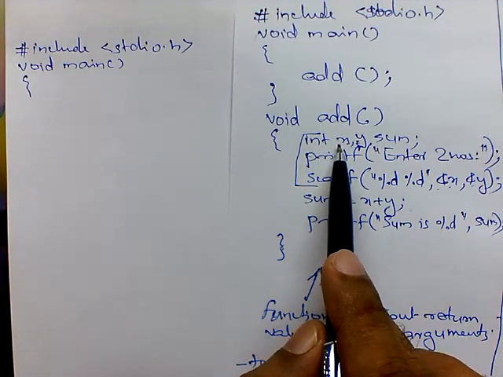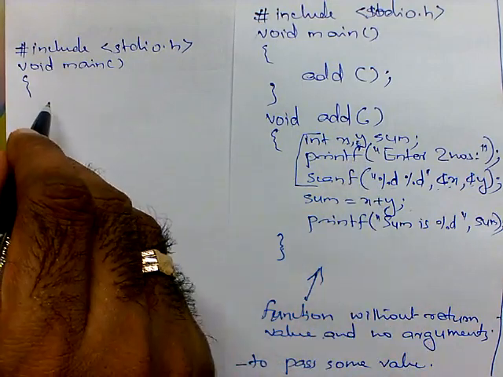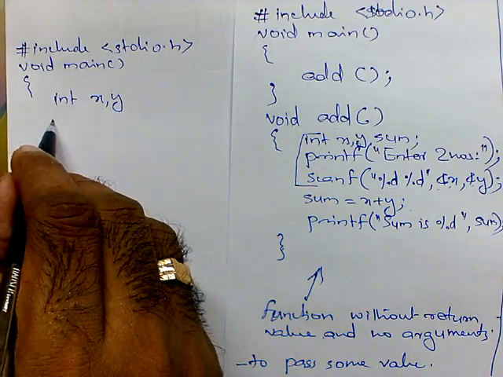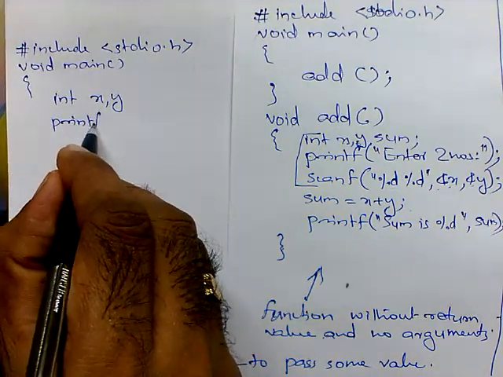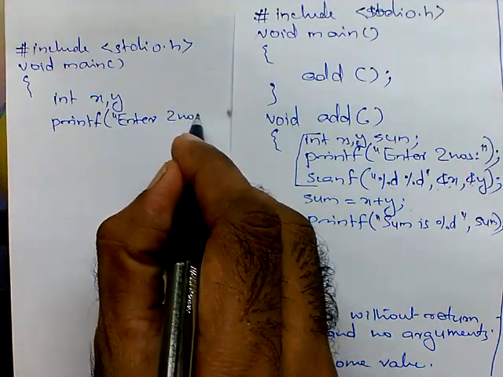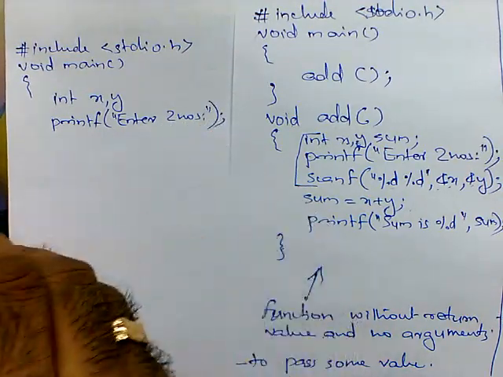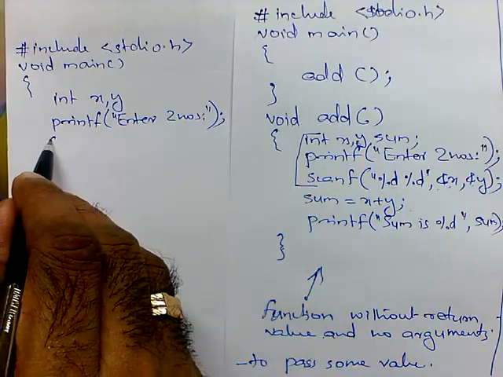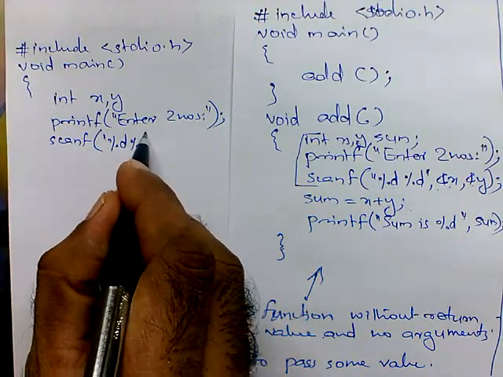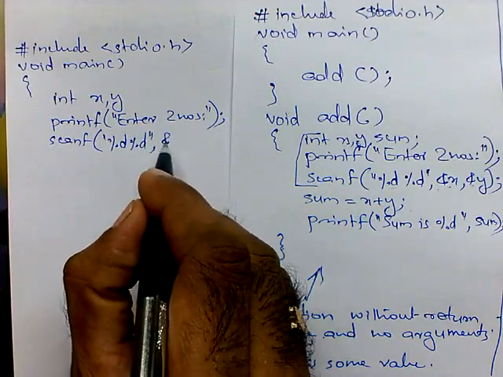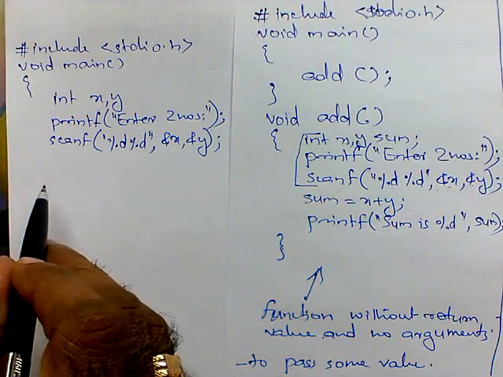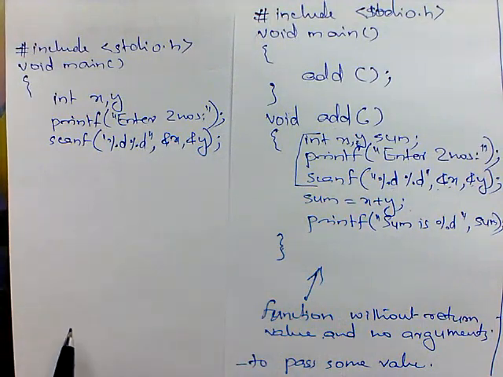So definitely we need to declare these two variables, that is int x, y, and printf one message, "Enter two numbers", and then scanf "%d %d", &x, &y.